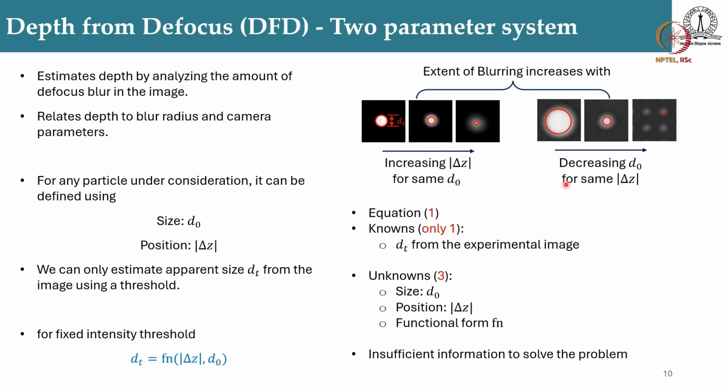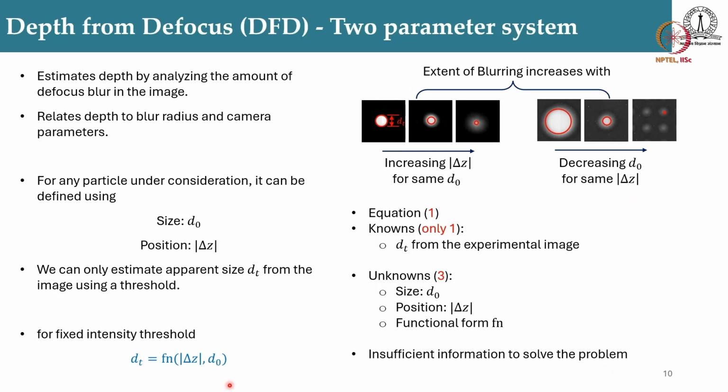So for the same delta z, decreasing d naught also increases the extent of blurring. So there are two kind of independent self-contradicting parameters, which shows that blurring can be controlled either by depth or by the actual size of the particle. So that's why these two parameters are extremely important in the system, not because just we want to know it, but also because they affect the amount of blurring.